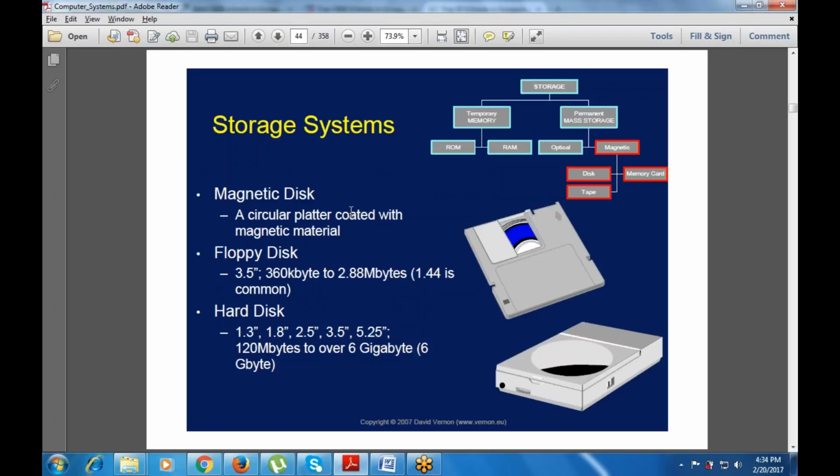The next storage device is the magnetic disk, that is a circular platter coated with a magnetic material. The floppy disk is 3.5 inch, 360 kilobytes to 2.88 megabytes, where 1.44 is common.